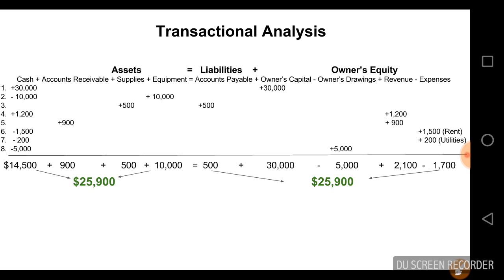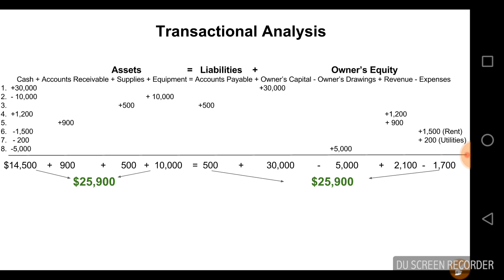Okay, so now let's look at the other side of the equation. Let's look at the totals here. So accounts payable, the company owes $500 for the supplies that were purchased on credit. So it's safe to say that the company has $500 in liabilities, $500 in debt, plus the owner's capital of $30,000 from the initial investment into the business, less the $5,000 drawings that were taken out of the business account for personal use.